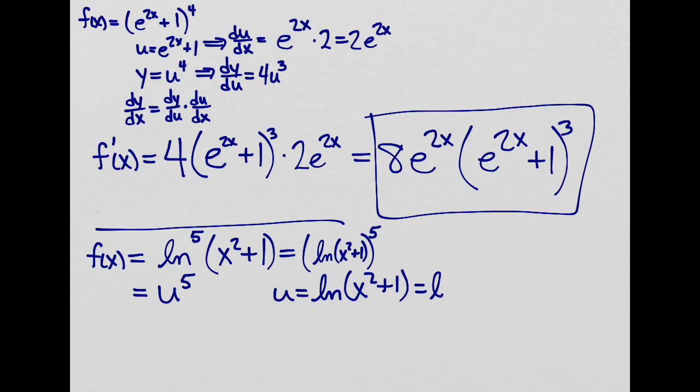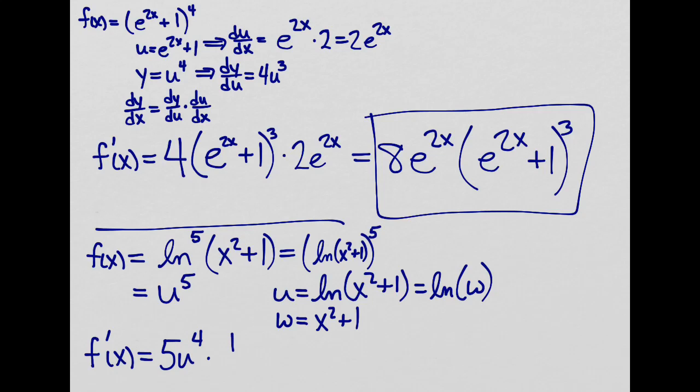It's the natural logarithm, maybe we could call it w, where w equals x squared plus 1. So that when I calculate the derivative f prime of x, it's going to be 5u to the 4th times du dw times dw dx. This is the chain rule being applied twice because the chain has 2 levels of depth.